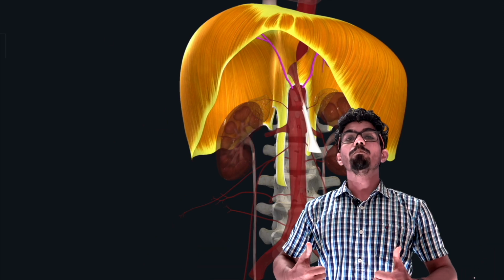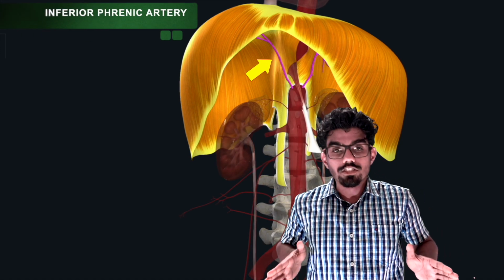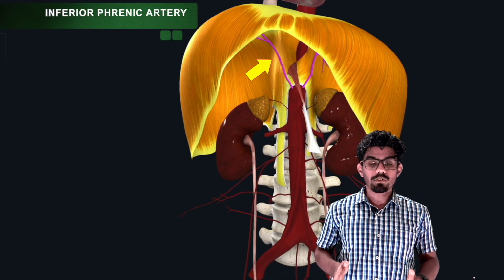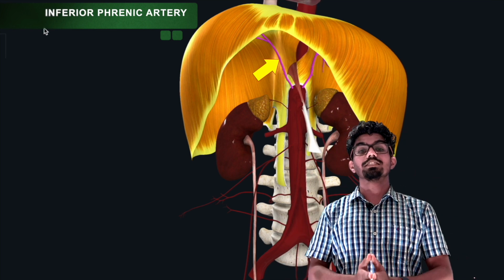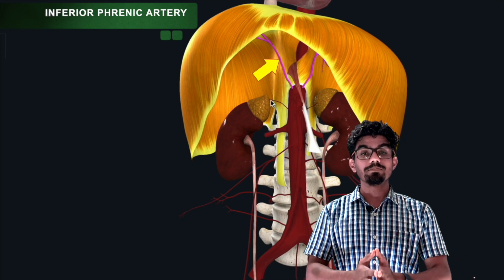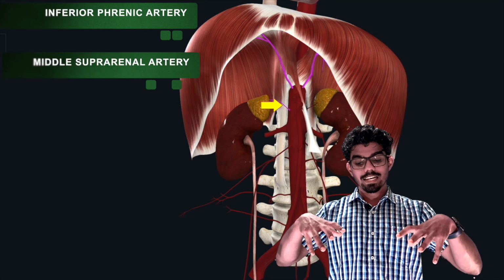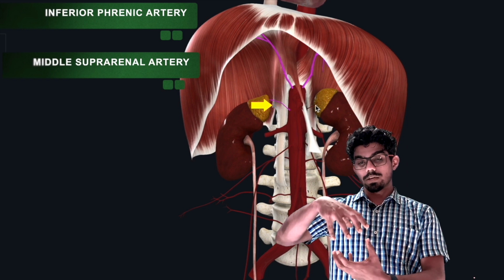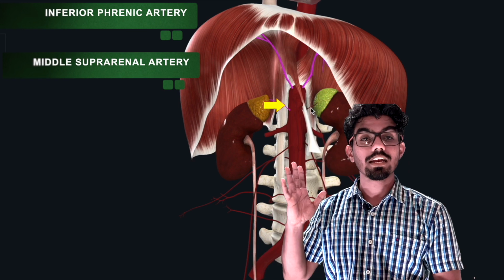The superior most branch goes upward and supplies the inferior surface of the diaphragm. This superior most branch is called the inferior phrenic artery. Next arises a branch which supplies a gland-like structure just above the kidney, the suprarenal gland, also called the adrenal gland.